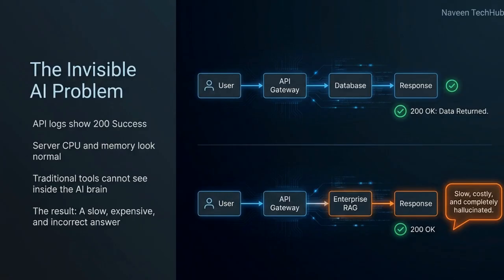The API still returns 200 OK, but behind the scenes, the application may have selected an expensive model, performed a slow retrieval, called unnecessary tools, or produced an incorrect answer. From an infrastructure perspective, everything looks healthy. From the user's perspective, the application failed. That is the invisible AI problem. We need visibility inside the AI reasoning and execution flow, not just the infrastructure surrounding it.